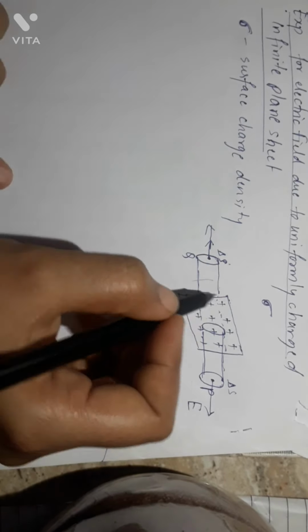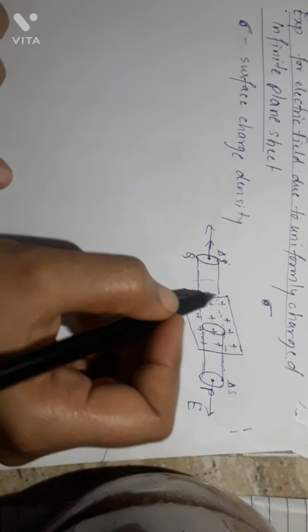So theta is 90 degrees and the flux through the curved surface will be 0. Now we have to find the total flux, that is the flux through point P and through point Q.